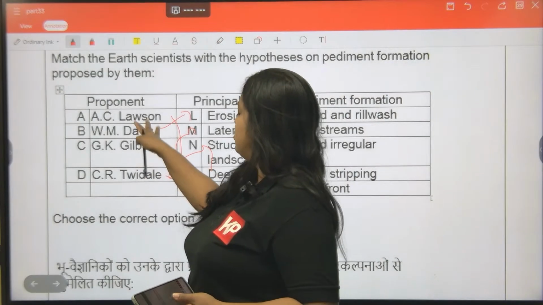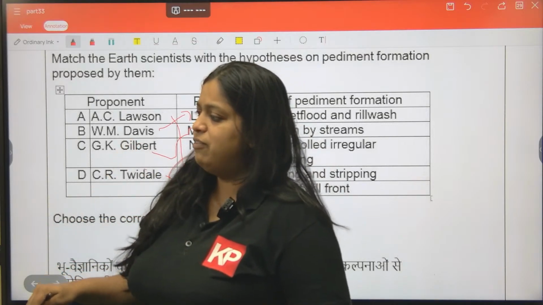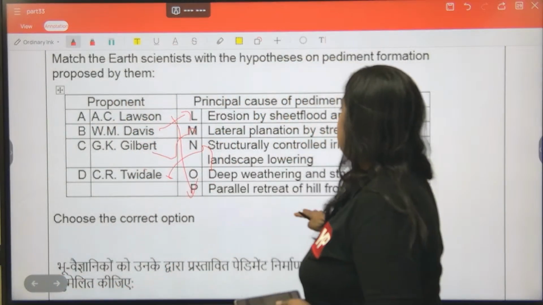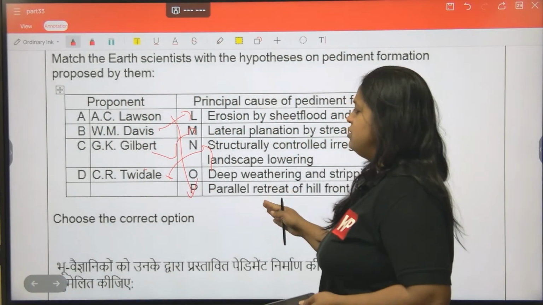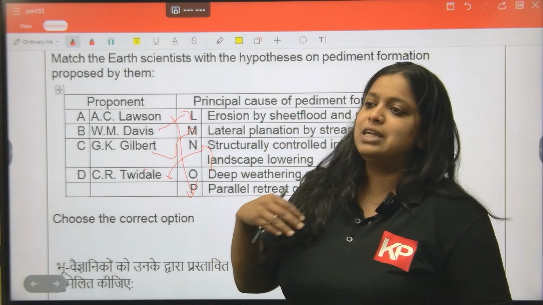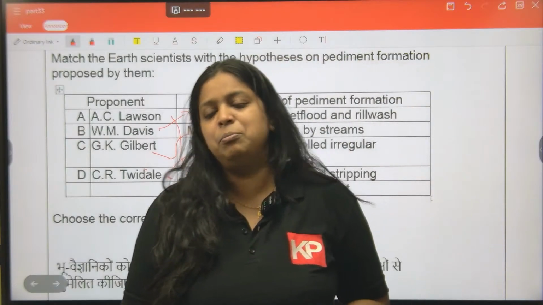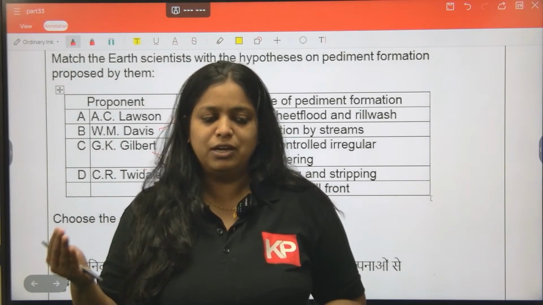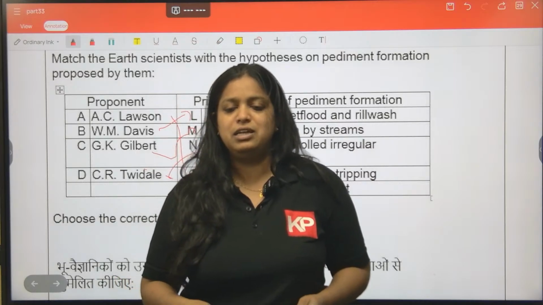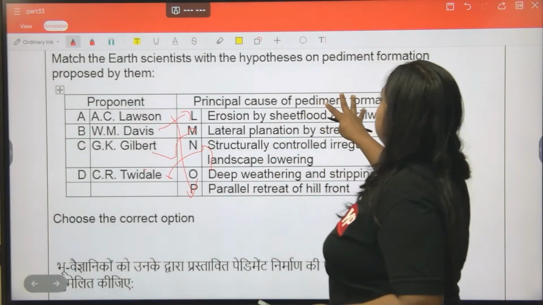Each of these proposals, whatever A.C. Lawson proposed and what W.M. Davis proposed, you can also read in more detail, but these kinds of questions are very rarely asked. Every year they will ask some questions from recently published papers, or questions that are only mentioned in papers. So you will never find any of these terminologies or descriptions in any textbooks. For example, this is a geomorphology question.